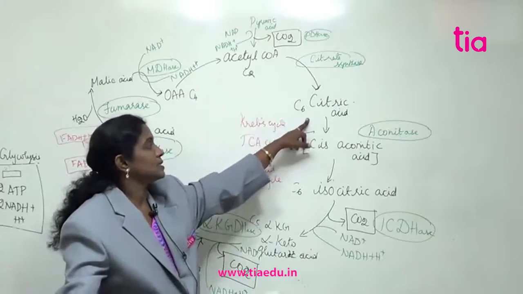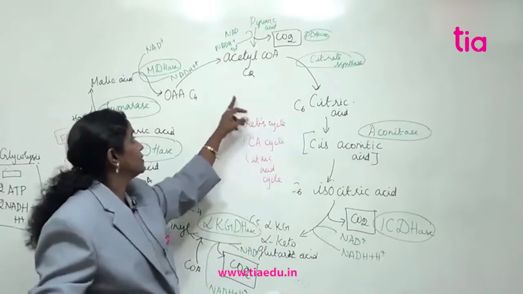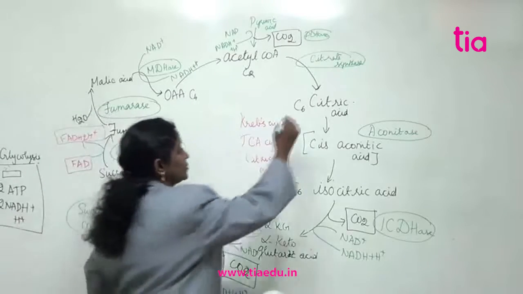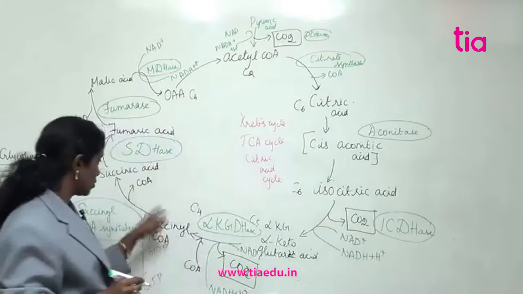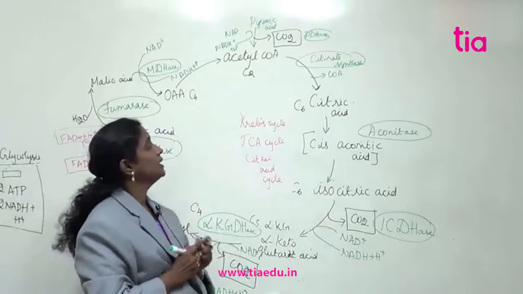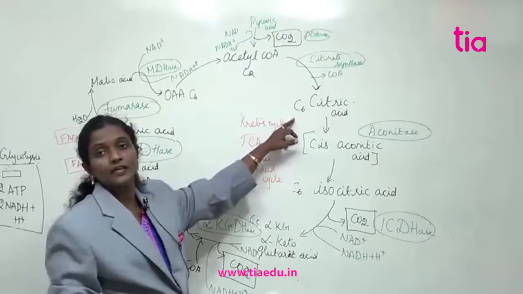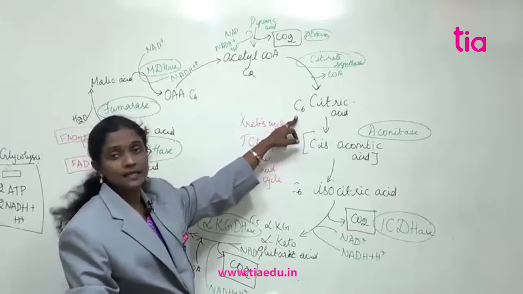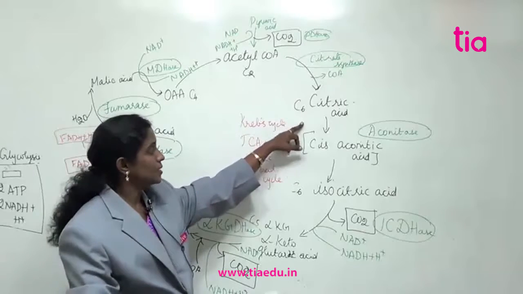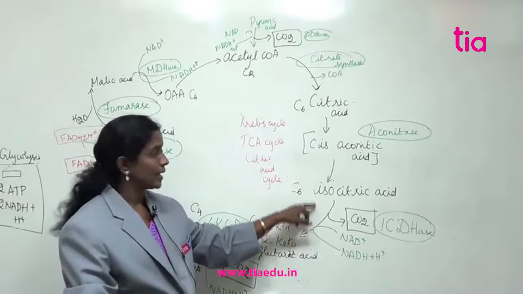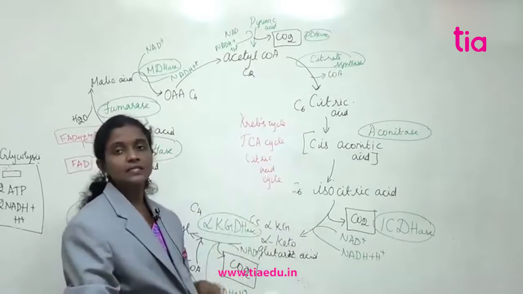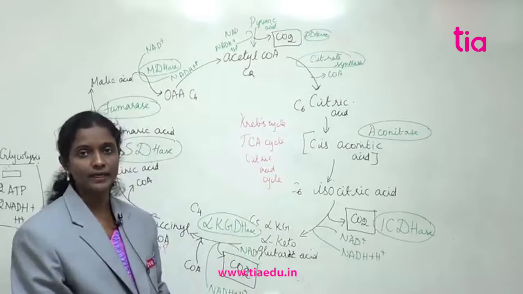Finally we get citric acid, which is a 6-carbon sugar. This 6-carbon sugar became another 6-carbon sugar, isocitric acid. Meanwhile there is an intermediate which is formed, cis-aconitic acid.